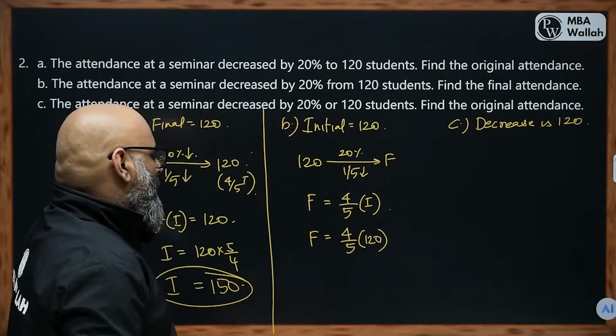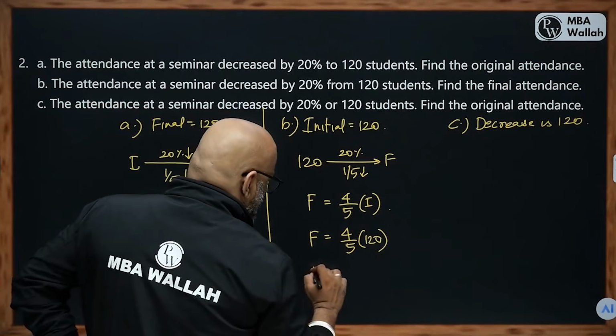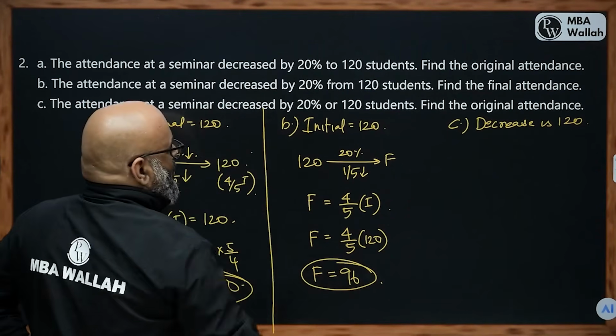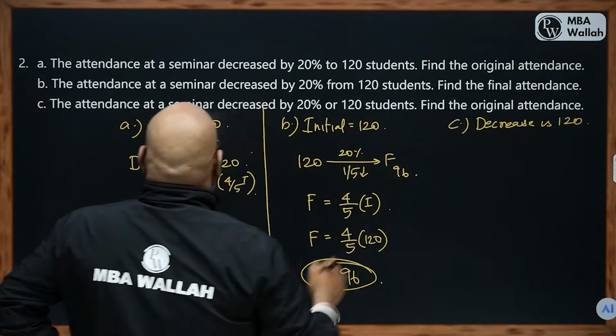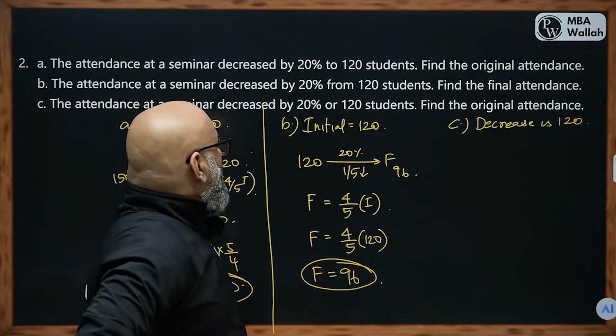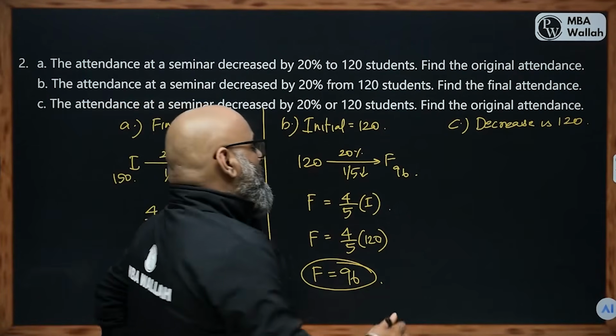So you will get 120 divided by 5 is 24. 24 into 4, my final value is 96. So here this is 96. Here this is 150.